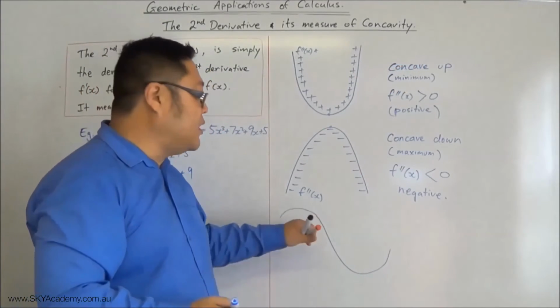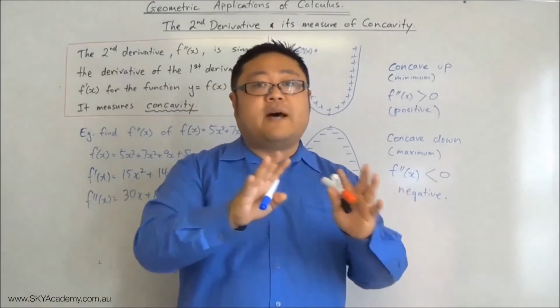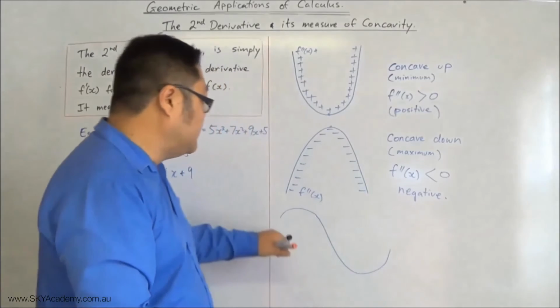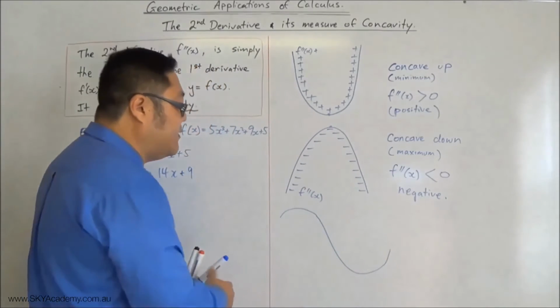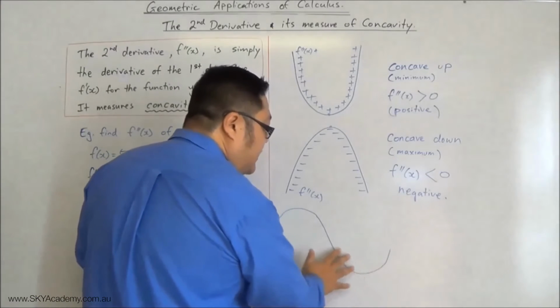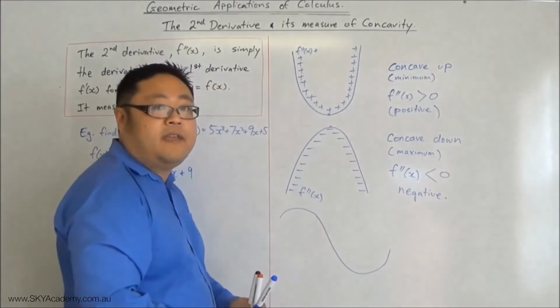Now, sometimes you have curves that are a combination of concave up and concave down. Let's look at this particular curve. There is a bit around here that's concave up, and a bit around here that's concave down.